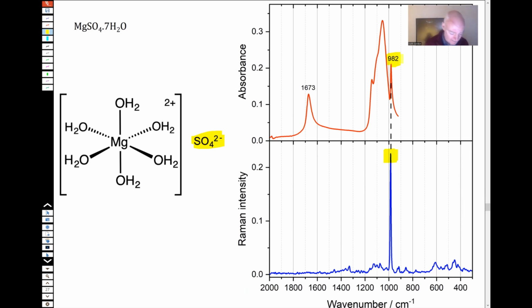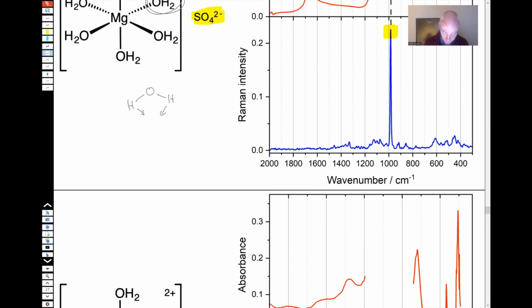Well, the other thing that's there is water. You've got the water, it's bound here, so you've got it bound, but then you also have water. What does water do? Well, water does lots of things. Water can do the bending mode, and it can also do the stretching modes.